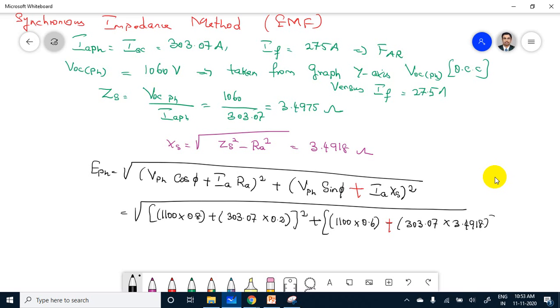Can anyone tell me the answer? E phase, final answer: I got 1958.87 volt.